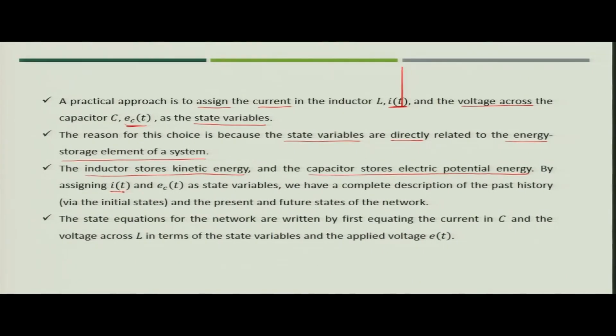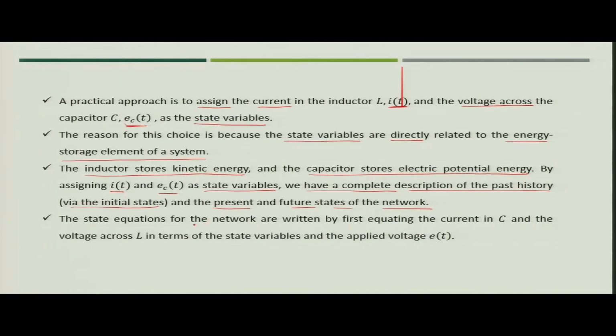So, by assigning I(t) and Ec(t) at any time t as the state variables, we can have the complete description of the past history, that is the initial states of the system, and the present and future states of the RLC network.